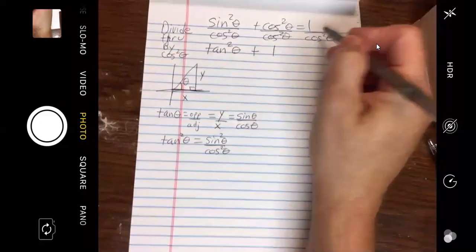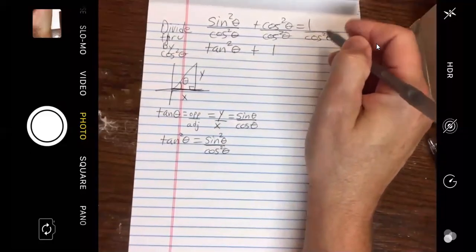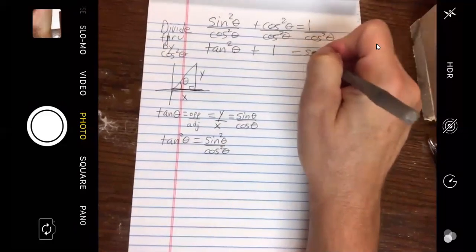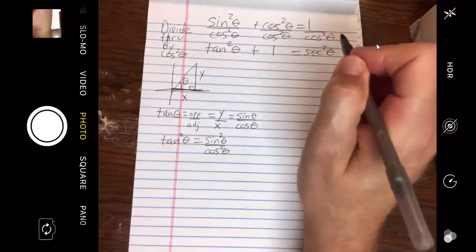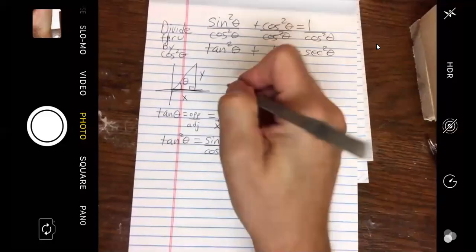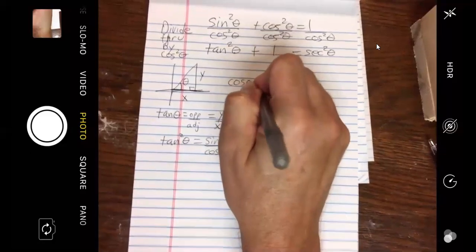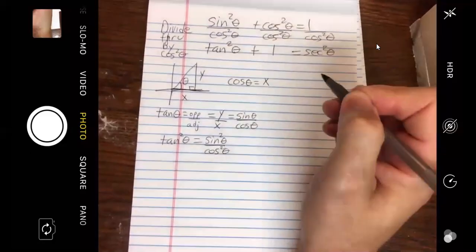Now, if you come over here, this is going to equal a secant squared. If you want an explanation of that, remember your cosine of theta was x.